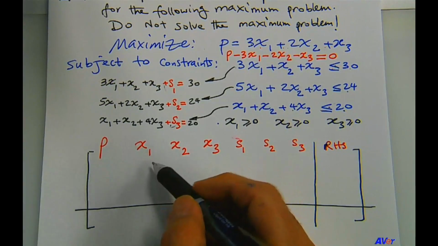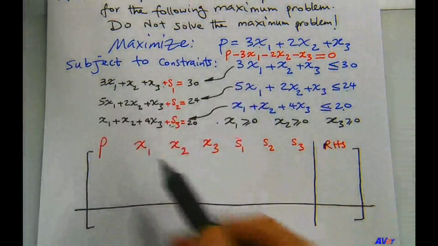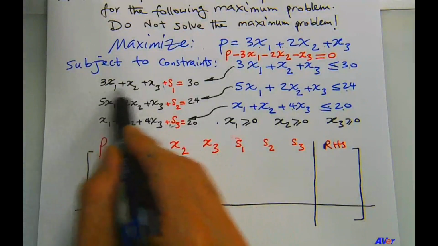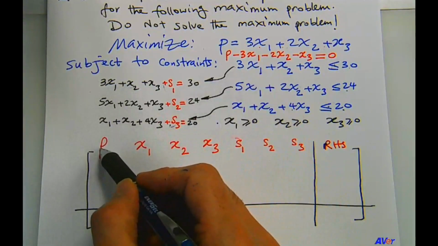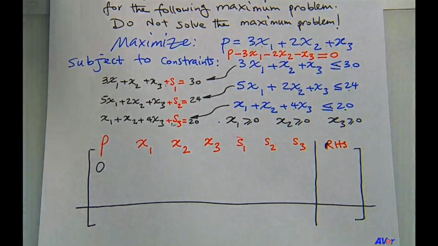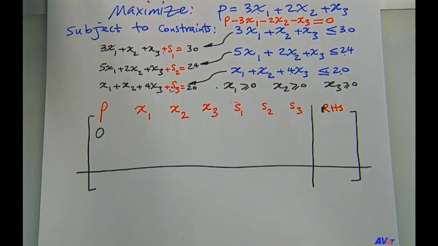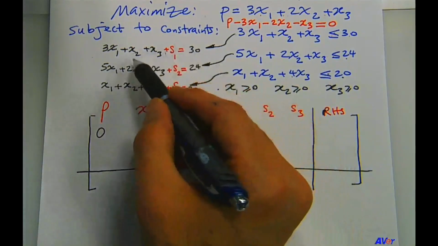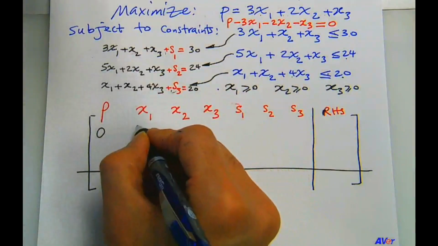The top rows, remember, are the coefficients of the constraint equalities. So in the first constraint equality, there is no p, right? So the coefficient is going to be 0. There is an x1, and the coefficient of that is 3.